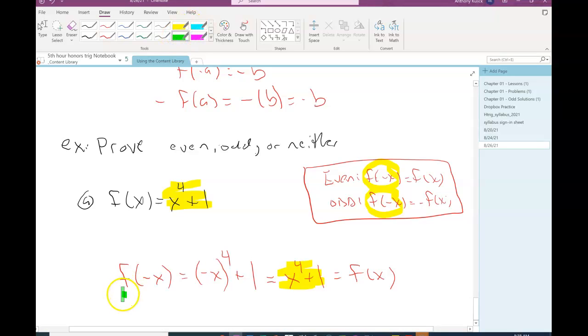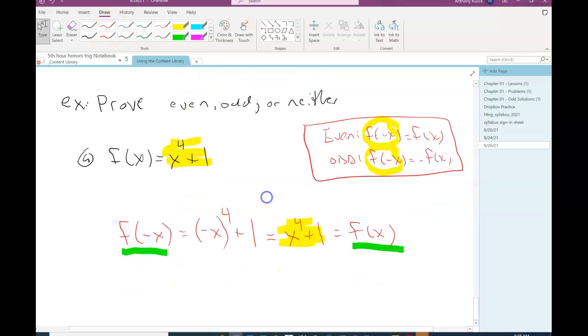So if I look at that string of equalities, I have f of negative x equals f of x, which just says that this is even. Does that feel okay there? Okay.